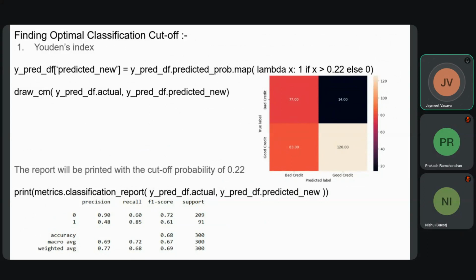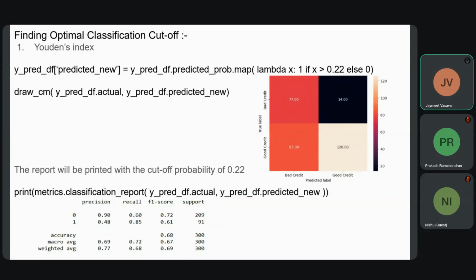When we pass the cutoff value of 0.22 and draw the confusion matrix again for the actual and the new predicted values, you can see the heat map or the confusion matrix that we created has changed, and the bad credit is predicted very well now.